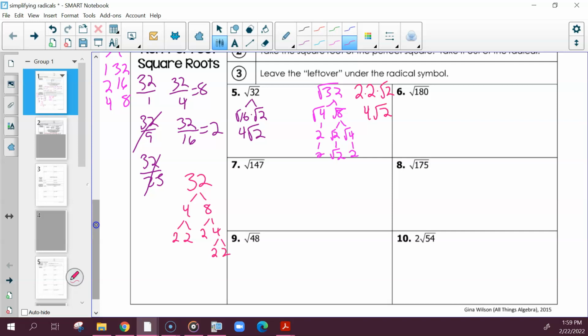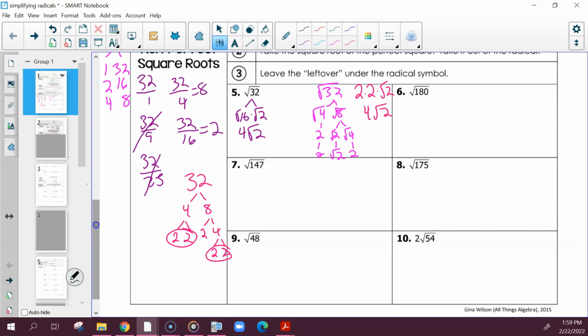Because we're dealing with the square root, we're looking for groups of 2. Anytime we make a group of 2, those are the groups that get to come out of the radical. Anything that does not have a group to form is going to stay by itself.